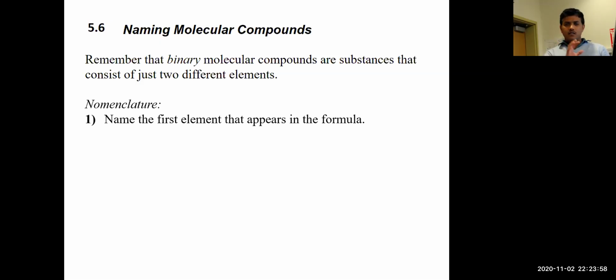But what we are trying to do in this chapter is name the simplest covalent molecules. I guess now I need to take my word back that naming covalent molecules is simpler than ionic molecules. Sorry to disappoint you. What I meant to say is, in this chapter, naming covalent molecules is simpler compared to ionic molecules.